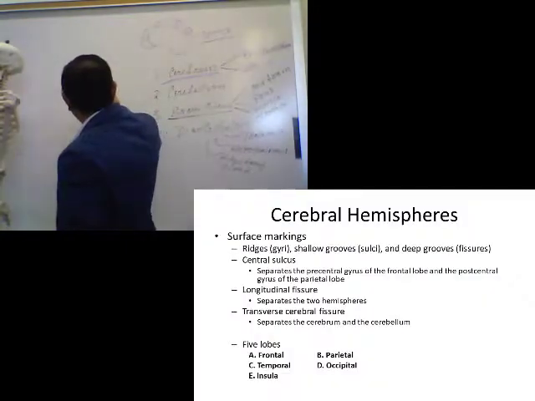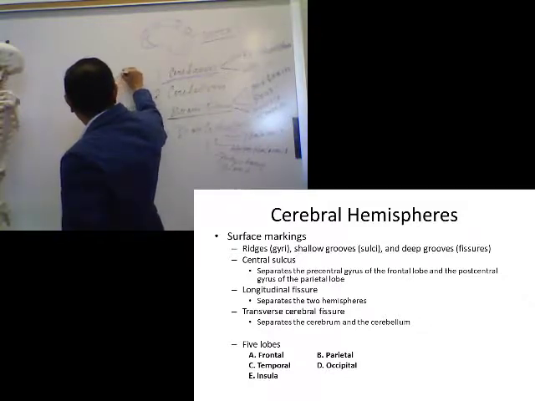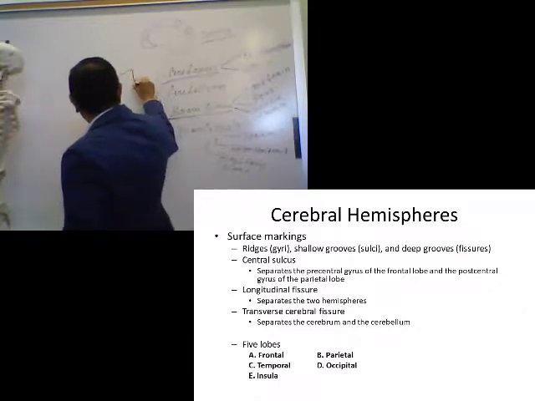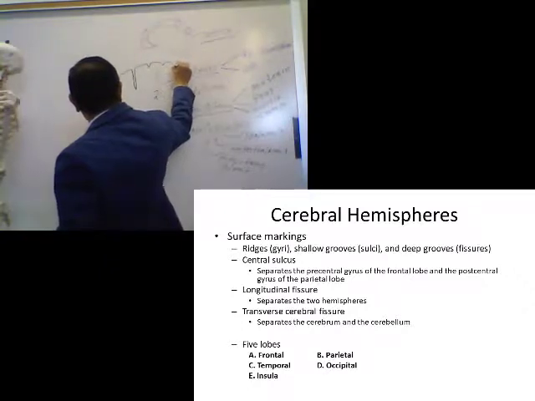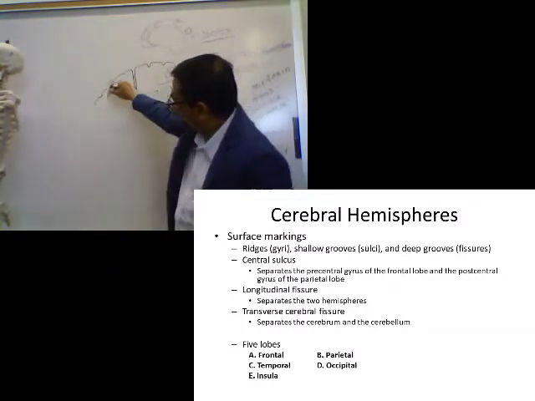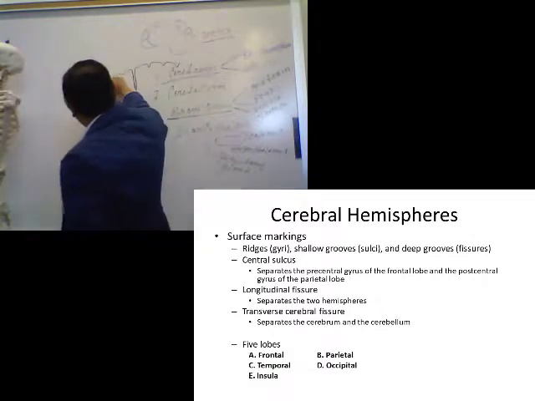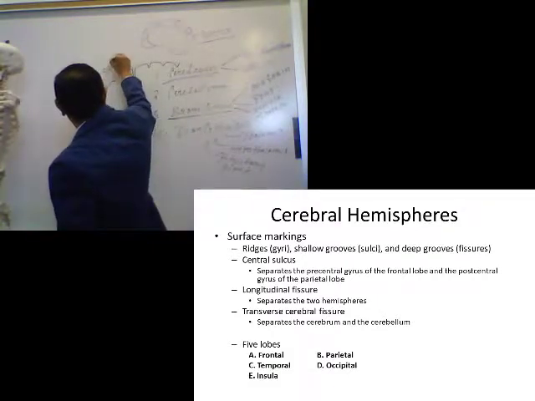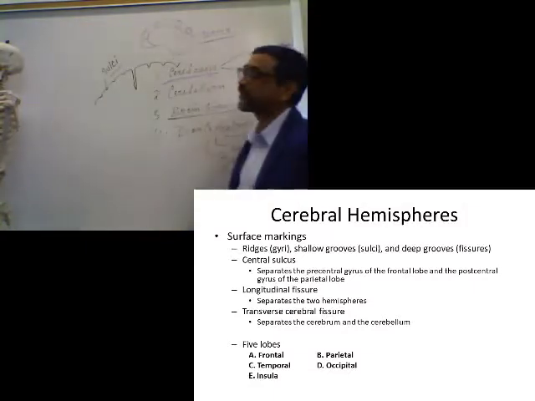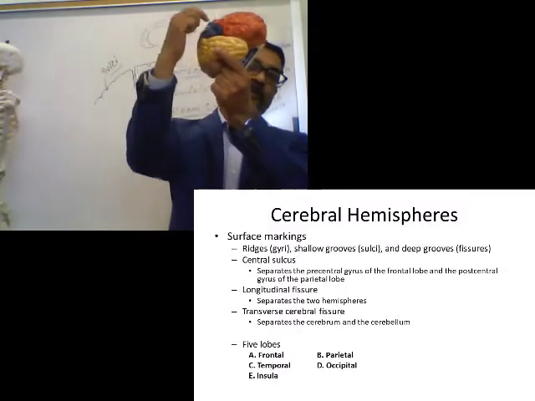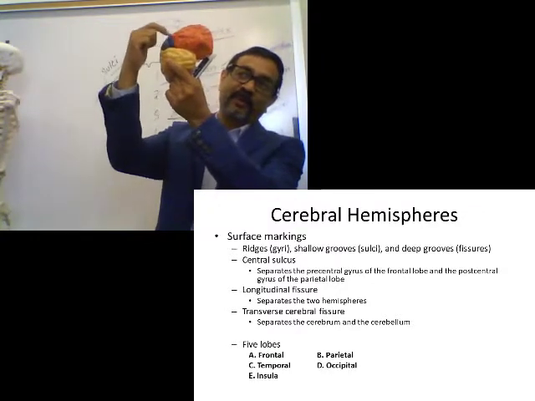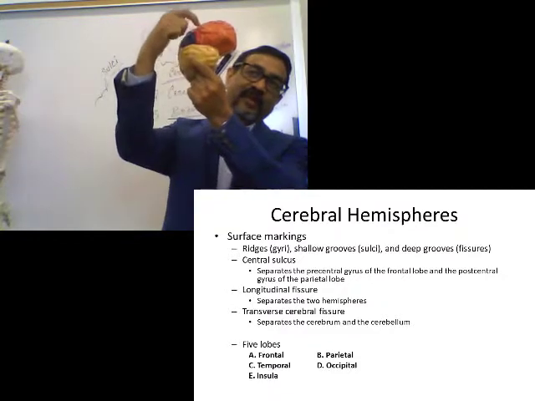There are two types of grooves. If you see the surface, there are many shallow grooves and also a few deep grooves that I have already shown you. These shallow grooves are called sulci. Some people say sulci. I prefer sulci. So all these shallow grooves here on the surface of the cerebral hemisphere are sulci.